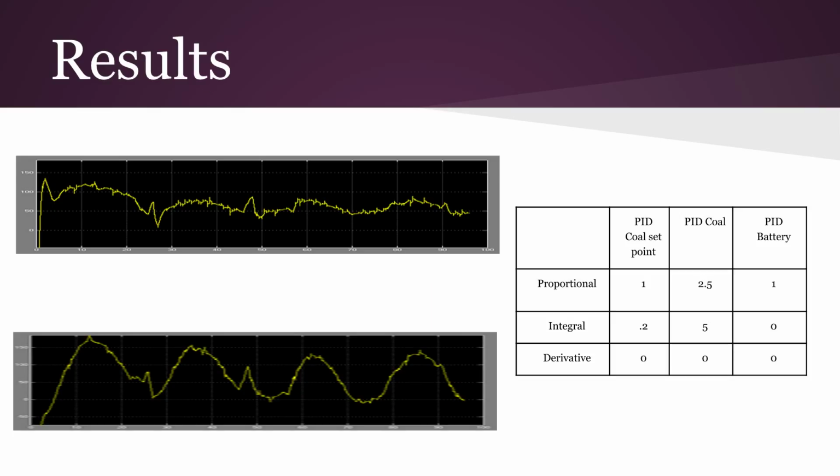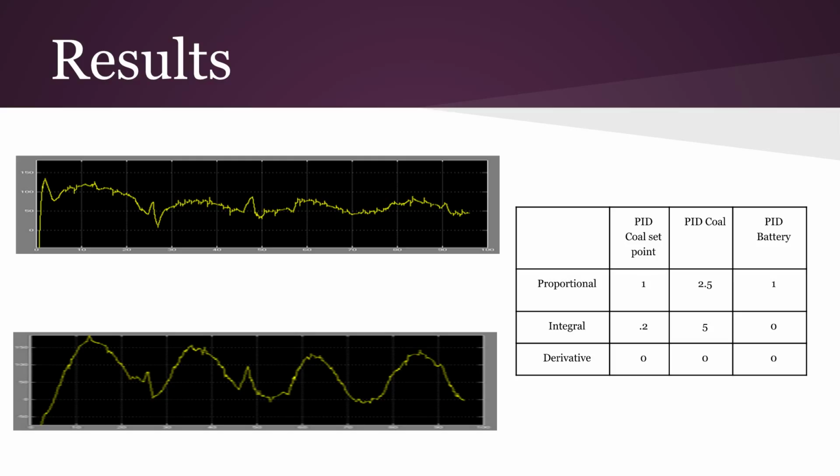Just a little about the final results of this project. The top graph shows the excess energy curve that we generated from our fine-tuned parameters. The bottom graph shows the untuned version, when we were still playing with the tuning parameters of our different controllers.